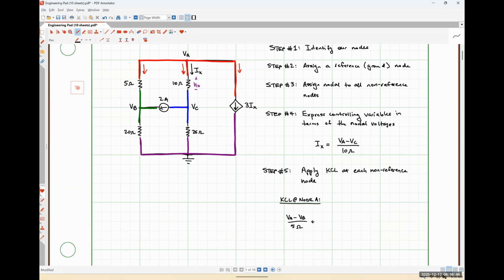VA minus VC over 10. And lastly, we have the current flowing down through the dependent source. And for what it's worth here, because there's a current source here, we can't do this in terms of nodal voltages because we are being told what that current is.